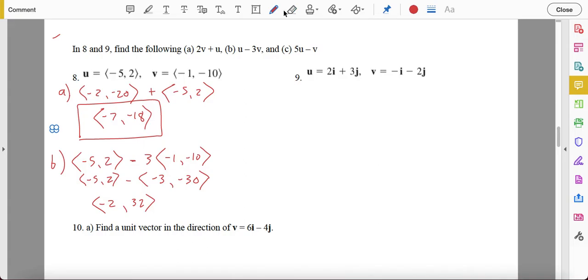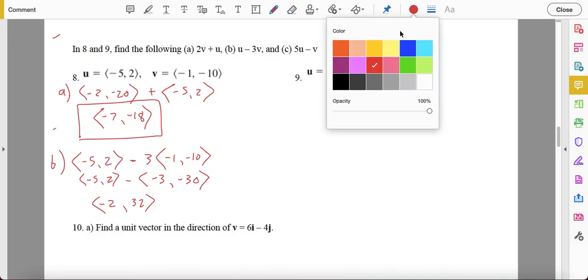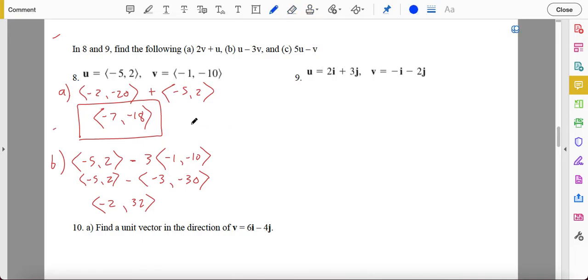Okay, now for part C. So for part C, we've got 5u minus v. We've got 5 times -5, 2, minus v, which is -1, -10.